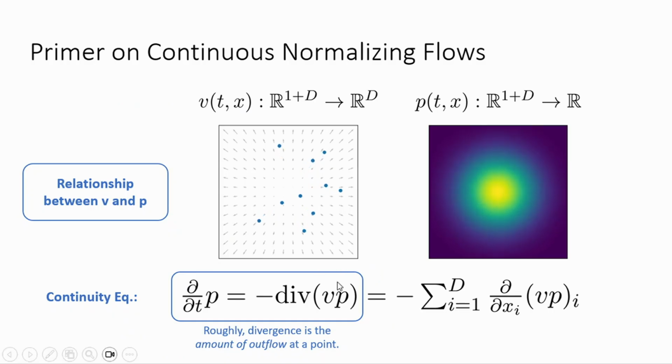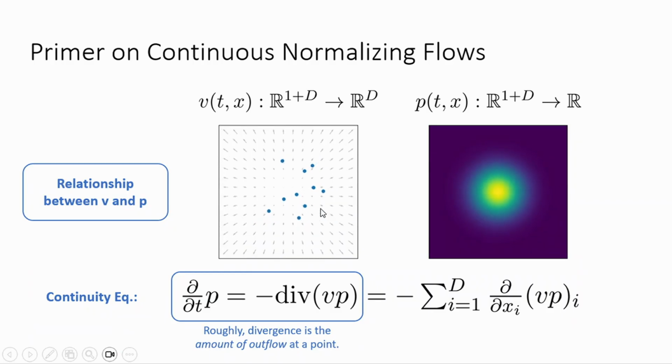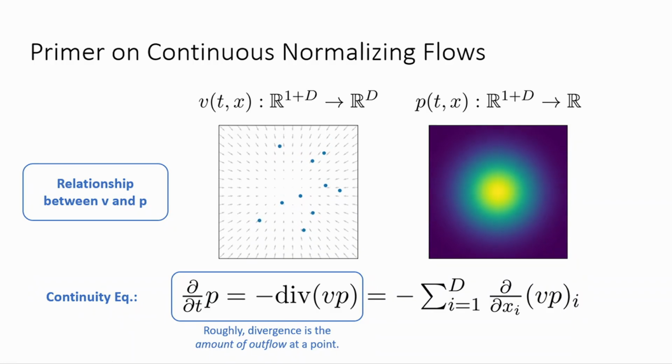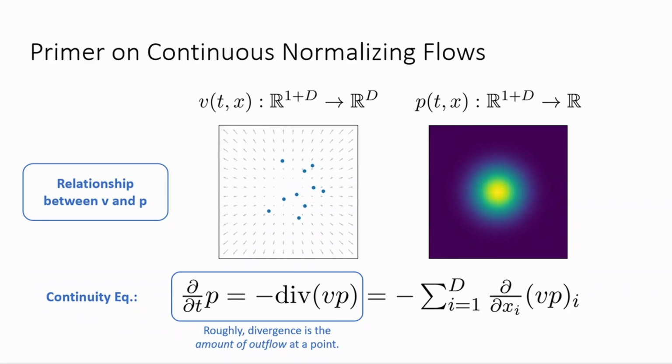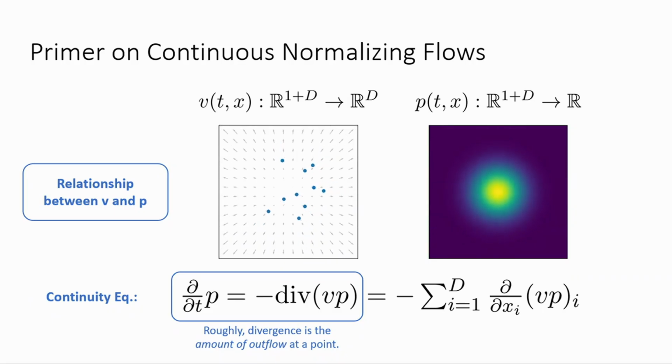So the key equation for telling us how distributions are transformed along the ODE path is this continuity equation, or continuous change of measure, or change of variable equation, which we derived last time for discrete normalizing flow.